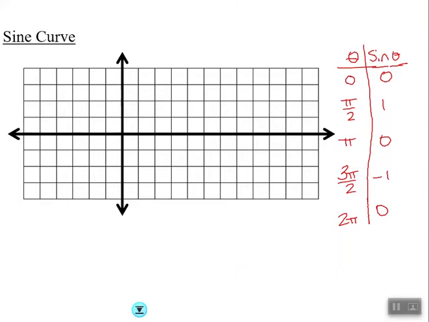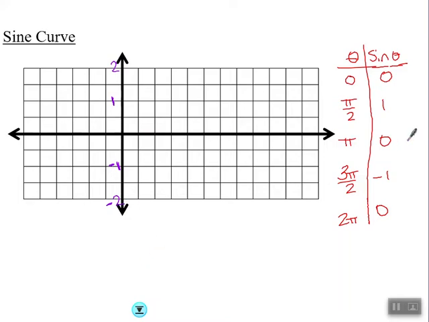Now I'm going to show you the standard way to label your axes when we graph trig functions. We are going to say that each block vertically is 1/2, so that makes this 1 here and this 2 here, negative 1 and negative 2.